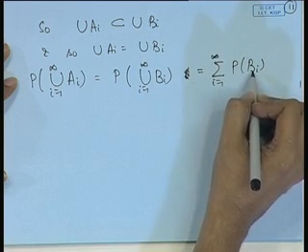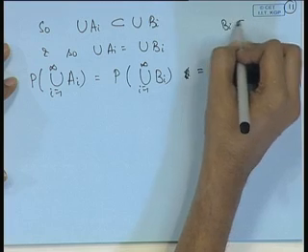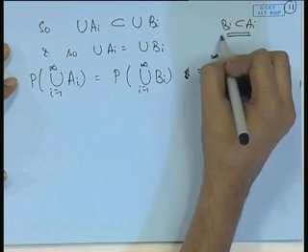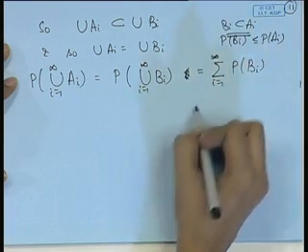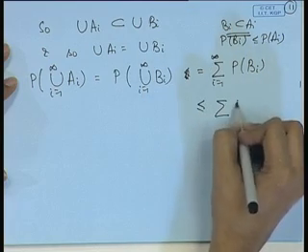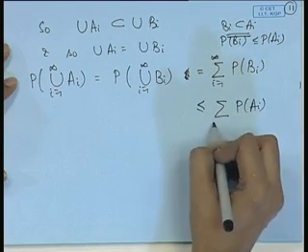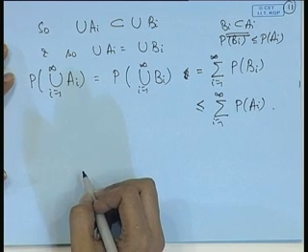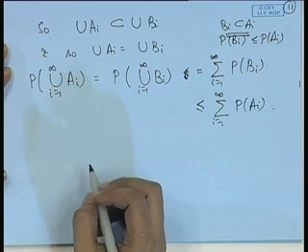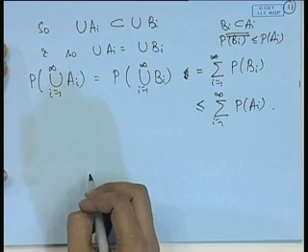Now each B_i is a subset of A_i, therefore probability of each B_i is less than or equal to probability of A_i. Therefore, this becomes less than or equal to sigma probability of A_i, i is equal to 1 to infinity. This proves the countable subadditivity of the probability function.